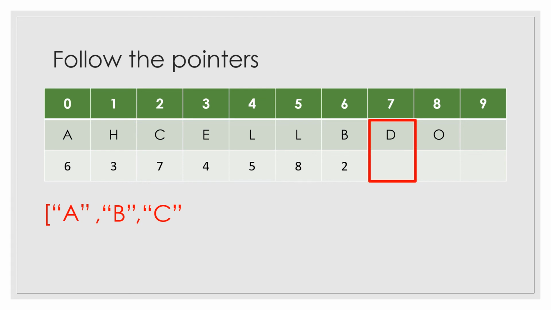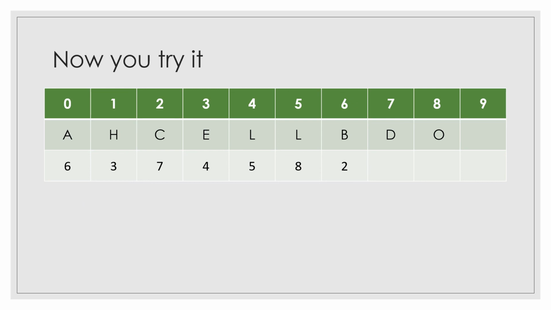Memory location 7 stores the data value D and it has no pointer. The pointer is empty. That means we've reached the end of the list. So the linked list contains the values A, B, C, D, starting at location 0 and following the pointers.